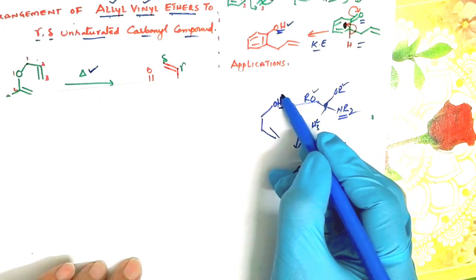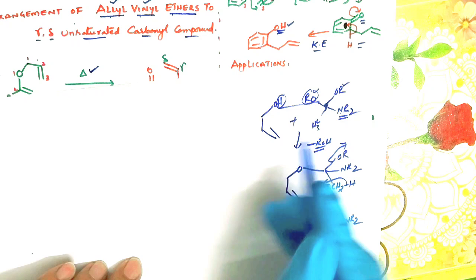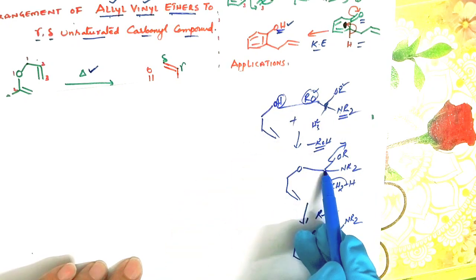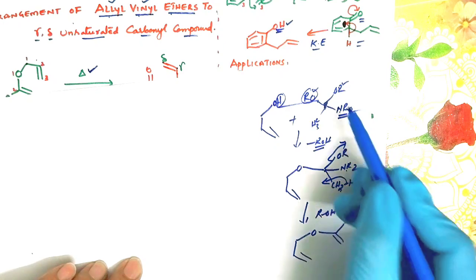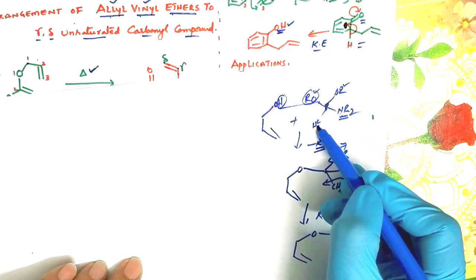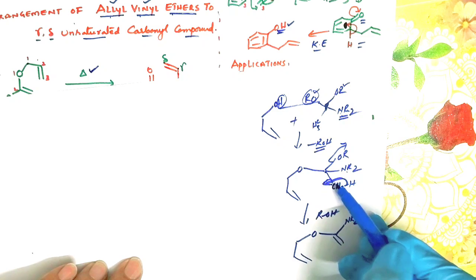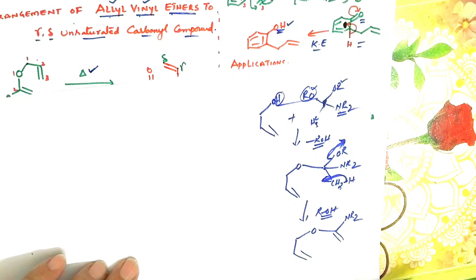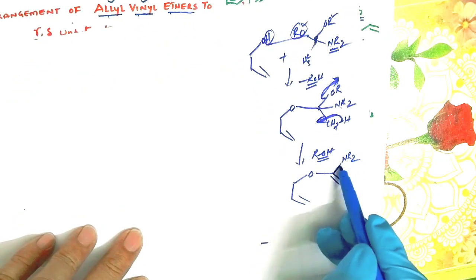So initially, this hydrogen and OR are removed in the form of ROH, thereby the oxygen is connected to the carbon. Now this carbon has OR, NR2, CH3. Here from the CH3, hydrogen and OR minus are removed in the form of ROH, thereby we come up with the pi bond and NR2.